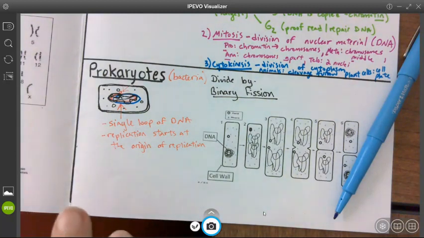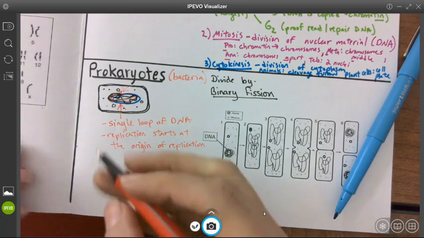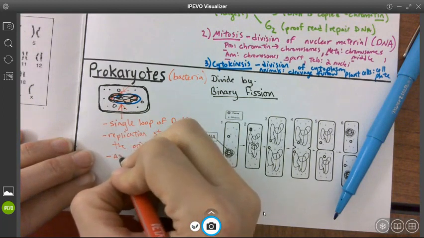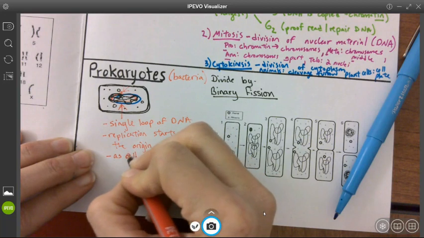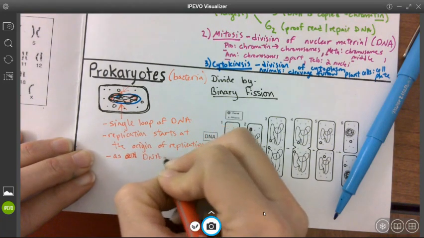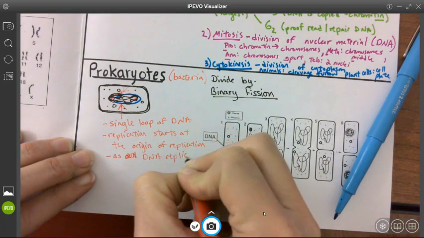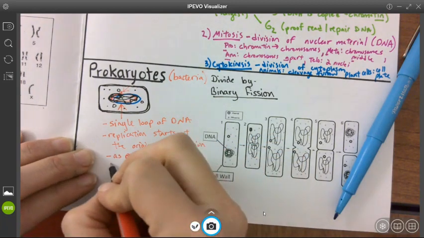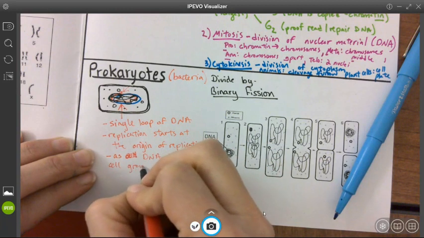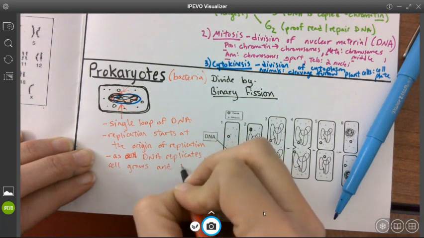So that when the cell divides, each new bacterial cell has a copy of that one loop of DNA. So as the cell, I guess I should say, as the DNA replicates, the cell grows and divides.